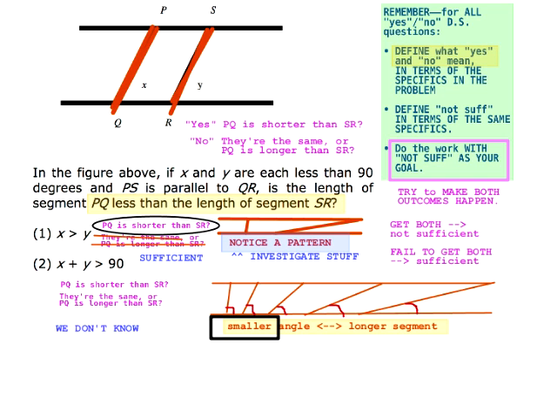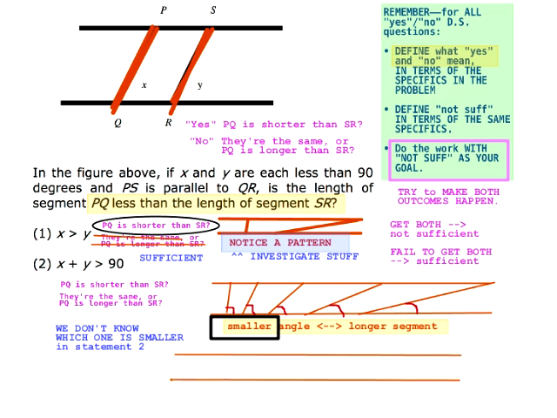So in statement 2, we don't know, so we can just do it both ways. Let's say we just have 60 and 50 and 40.